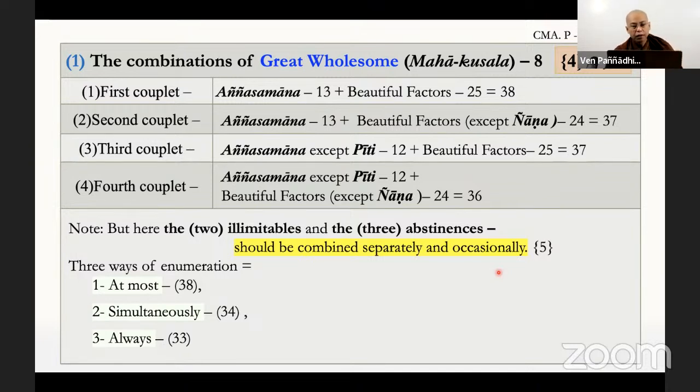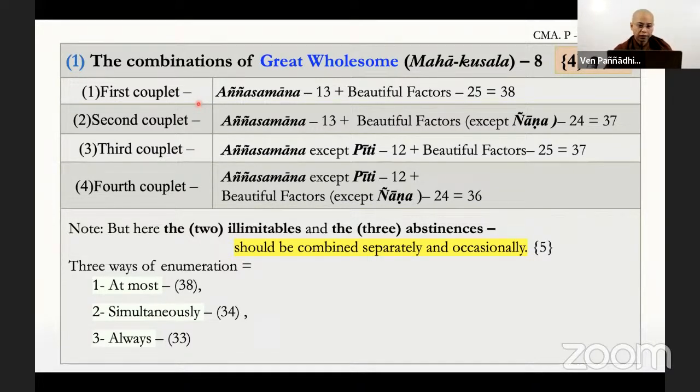That's why we count simultaneously 34 only. And if we say always, we need to remove all these variables. Only 33 remain. So we can say that the 13 Annasamana and, except for the Appamanna, 20 beautiful factors always arise with the first couplet.